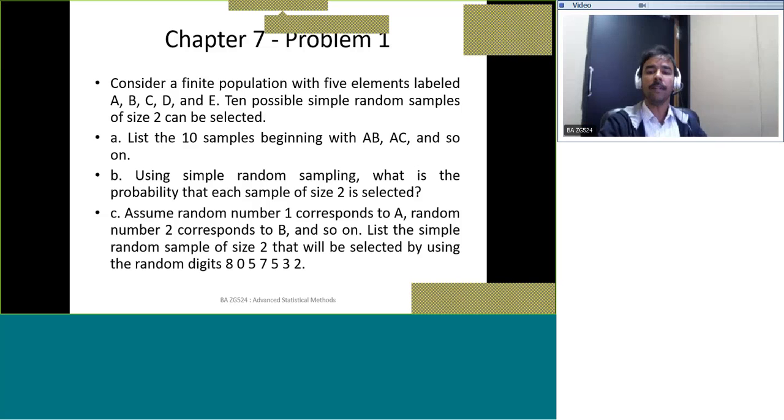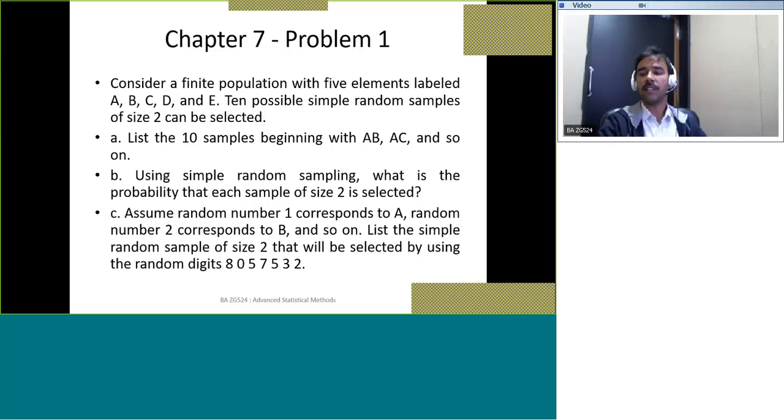So using simple random sampling, what is the probability that each sample of size 2 is selected? I told you simple random sampling means each element has an equal chance of being included in the sample. So how many are there? There are 10.